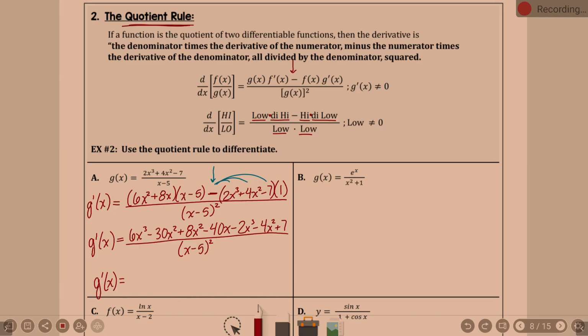Okay, do we have some cleanup on top? 4x cubed plus 4x squared. No. Minus 26x squared.